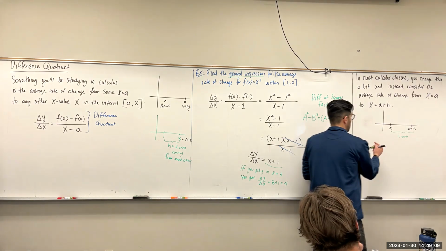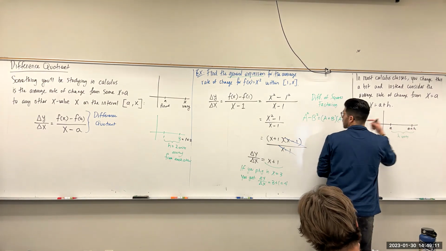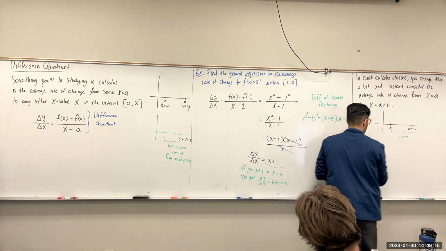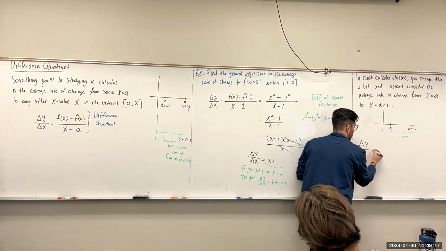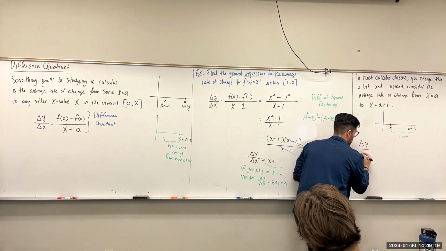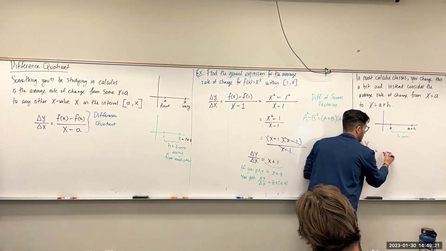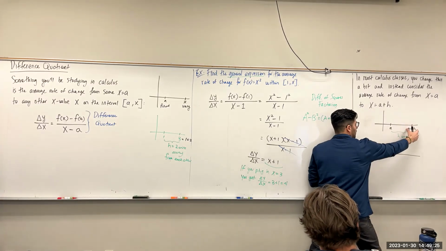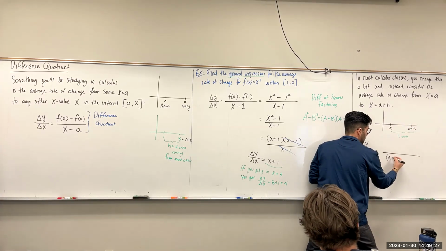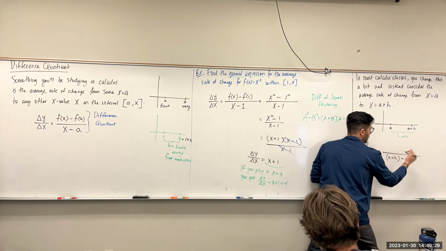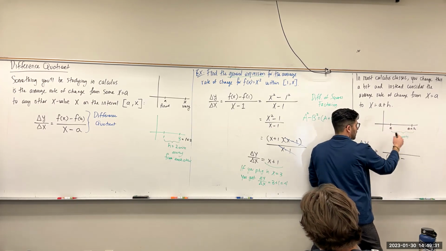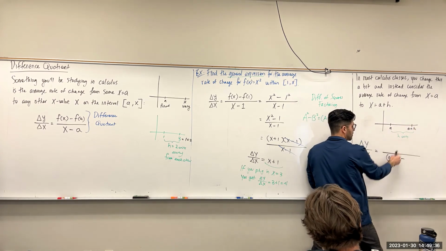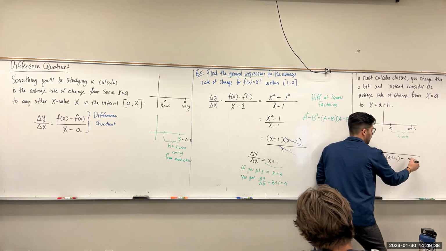So if instead of writing it a to x, I write it a to a plus h, then the average rate of change is going to be the ending x value, a plus h, minus the starting x value, which is a.